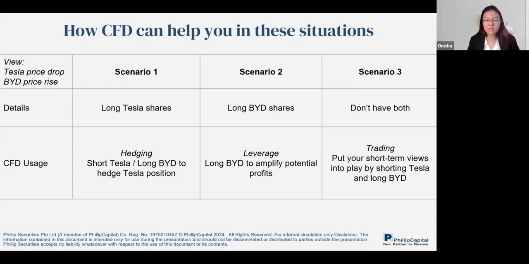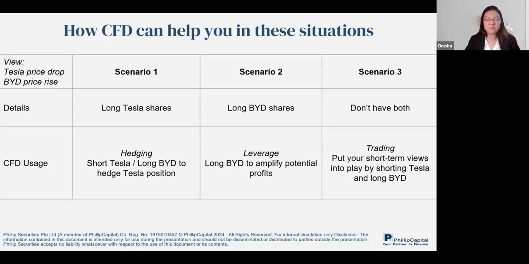So you can put these short-term views into play by shorting Tesla and going long BYD, whether for 1 week, a few weeks, 1 month or 2 months, depending on your trading strategy or your plan for how to play it out. Okay, so these are the different scenarios in which you can use CFD as part of your portfolio.